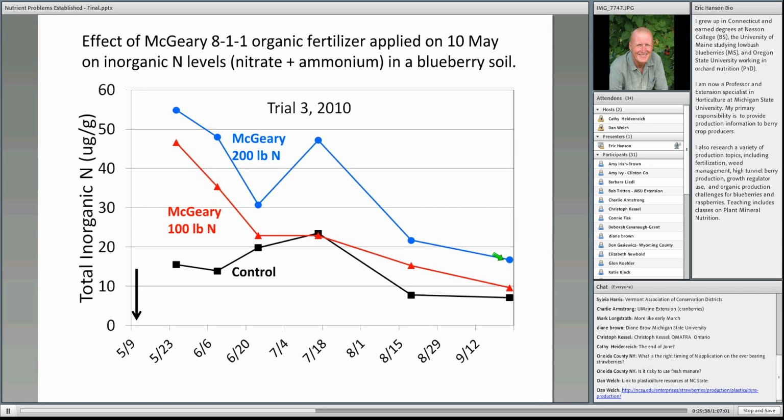There were no differences in nitrogen levels in the blueberry bushes, but it does illustrate that this material tends to release nitrogen on a gradual basis that mimics, I think, pretty closely the nitrogen demand by the blueberries.